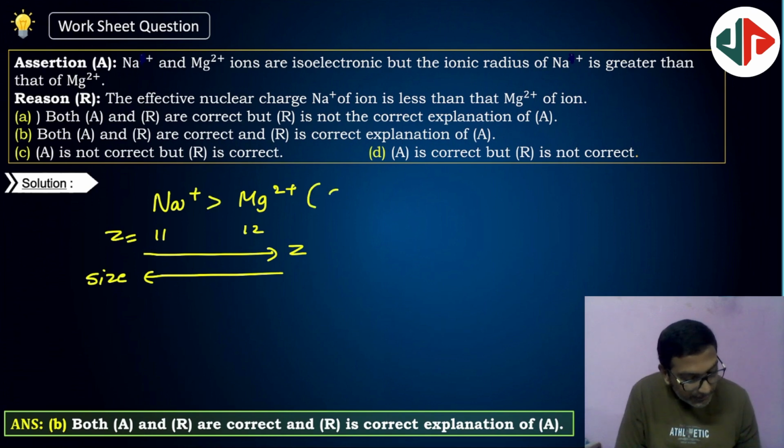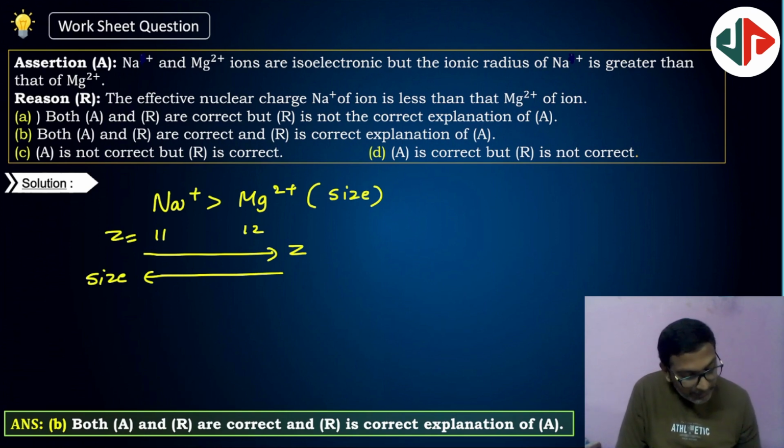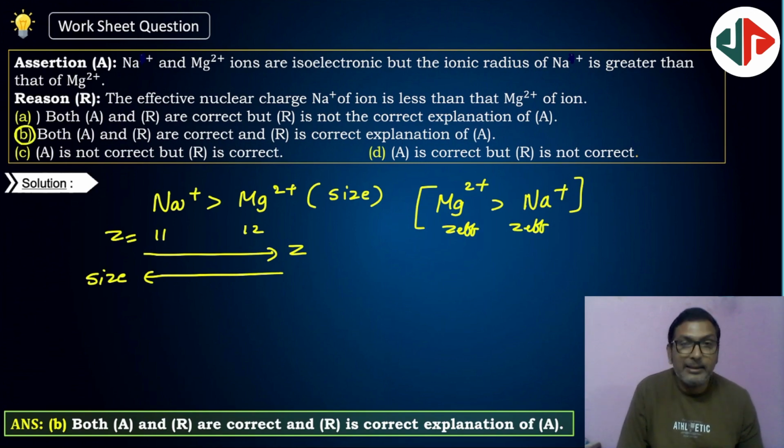The effective nuclear charge of Na plus is less than that of Mg2 plus, so Z effective is more for Mg2 plus. Therefore size is less for Mg2 plus and more for Na plus. Therefore option B. Both are correct and the explanation is correct.